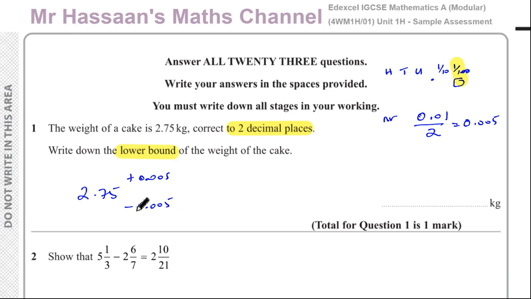The lower bound will be 2.75 take away 0.005. So what we're going to get is 2.745. So 2.745 is the lower bound.